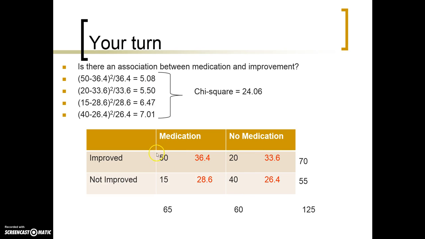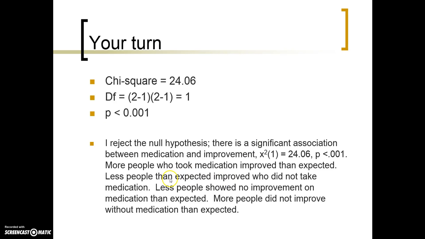So we say more people, because 50 is more than 36, so more people improved using medication than expected. Here, 20 is less than 33. So less people improved on no medication. It gets kind of awkward talking about this, I know. And we do that for every single cell. So more people, less people, less people, more people, all the way through.